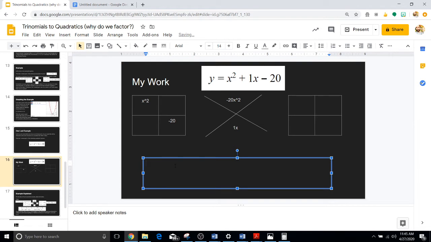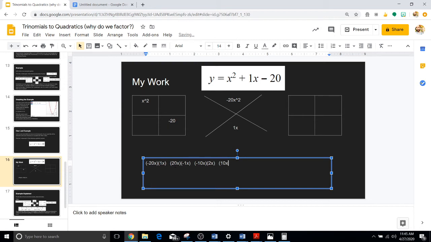Okay, so we could think of maybe negative 20x times 1x. That would definitely give us negative 20x squared. We could also do the opposite of that, which is 20x times negative 1x. That would work. We could do negative 10x times 2x. That would also work.